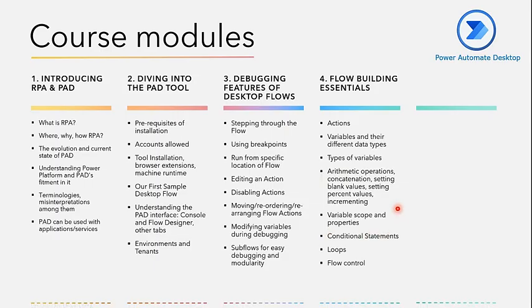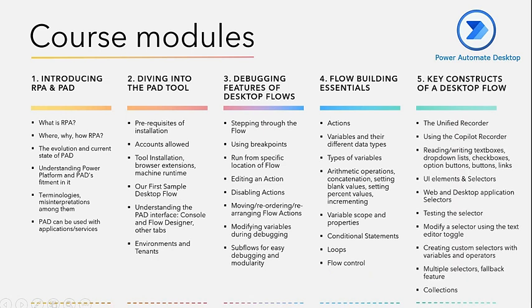Then the scope of the variable itself and its different properties, where it can be used. Conditional statements like if, else if, switch case, etc. Loops like for each loop and so on. The navigating the control of your flow, meaning navigating from one location of the flow to another location using labels and so on, that we'll be seeing in this topic.